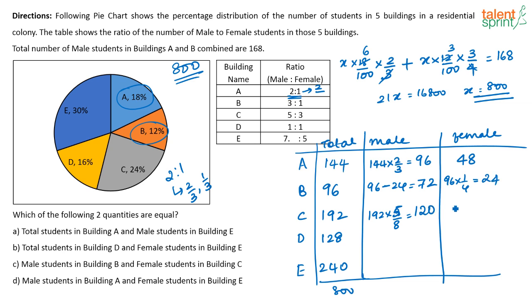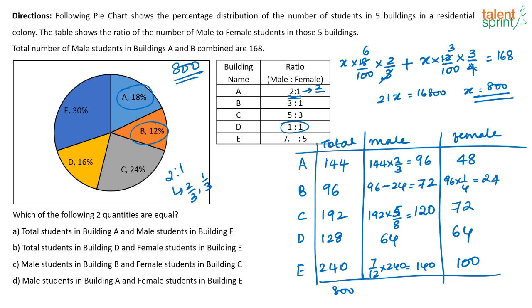So this will be 72, since 120 plus 72 is 192. Similarly, here it is 128, and it is very easy. Male is to female is in the ratio 1:1, so half. This will be 64, this will be 64. Next one, it is 7:5. So 7 by 12 of 240 is nothing but 140. This is 20, 7 into 20 is 140, so this will be 100. So these are the numbers that we are looking for.